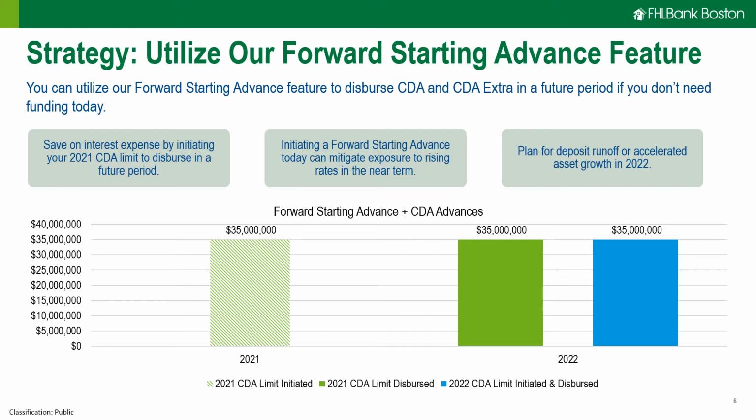So that would not prohibit you from still utilizing your 2022 advance allotment. So that's a great benefit here as we approach year end and think about how to fill a funding need for next year. The forward starting CDA is a great feature that can help you fill that gap.